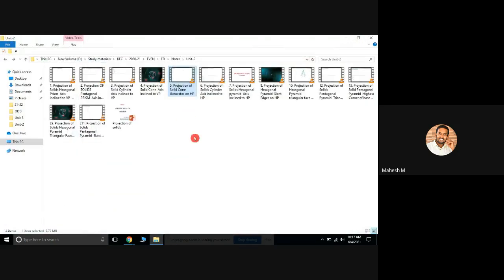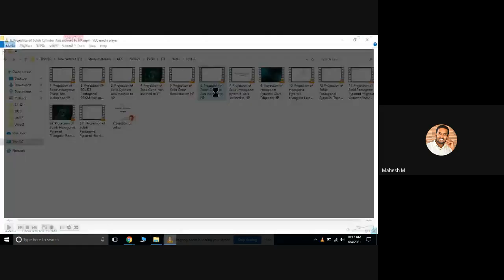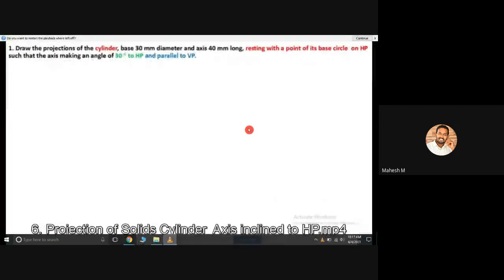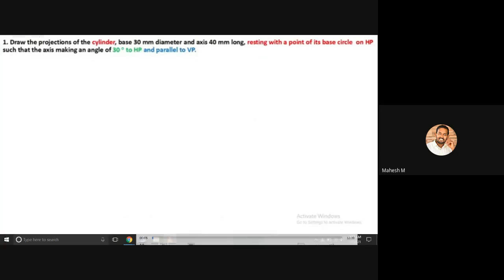Okay, so next condition. Next one is a cylinder problem. Draw the projection of a cylinder, base 30 mm diameter and axis 40 mm long, resting with a point of its base circle on HP such that the axis makes an angle of 30° to HP and is parallel to VP. So from the inclined condition itself, we can understand that it is 30° to HP.